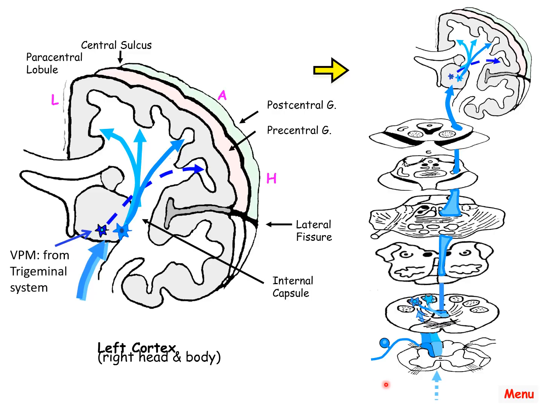And for the body, we can see that that information was coming from the peripheral nerve into the dorsal root, the dorsal horn, and some of those fibers would travel up in the dorsal columns. They would synapse in the dorsal column nuclei at the spinomedullary junction that is represented here. At the spinomedullary junction, they synapse on neurons that then form the medial lemniscus.